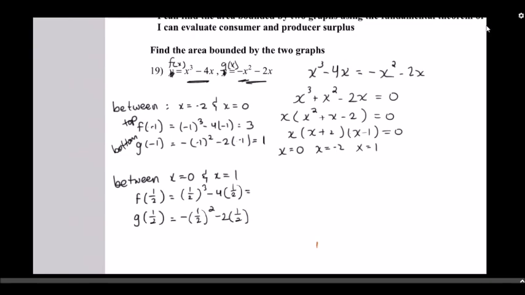So here we're going to have 1/8 minus half of 4, which is 2. Here we're going to have 1/2 squared, which is 1/4, so that makes that -1/4, minus 2 times 1/2, so that's minus 1.